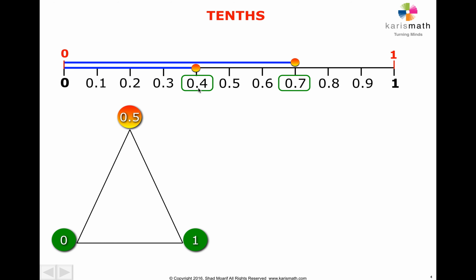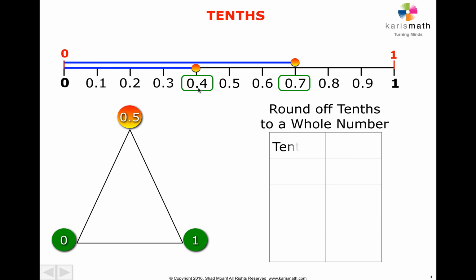Now, if I ask you, where is 0.4 located? Obviously, it's located on this slope. And it'll roll down where? To 0. So the whole number value is 0. So 0.4 rolls down towards 0.